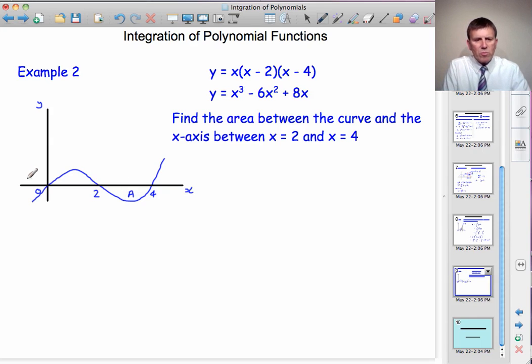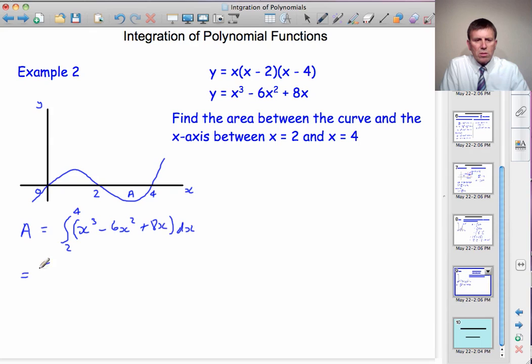So the area is given by the integral of y with respect to x. And I'll just write straight away that y is x cubed minus 6x squared plus 8x. So it's the integral of that with respect to x, between the limits of 4 and 2.